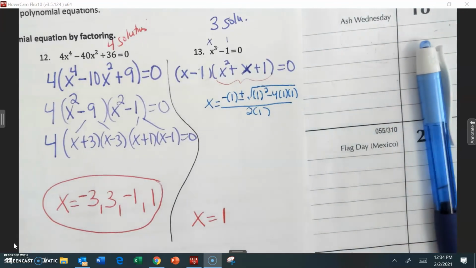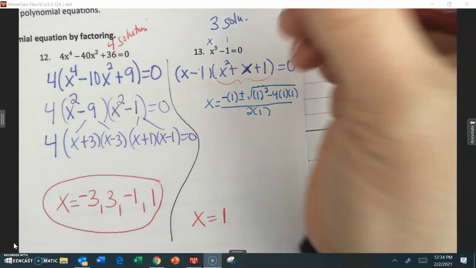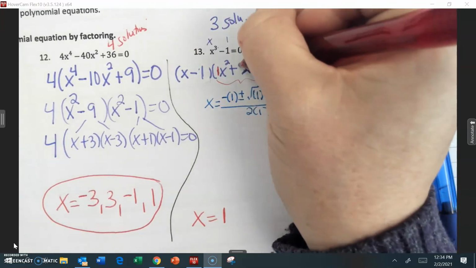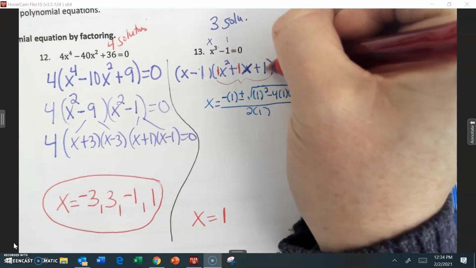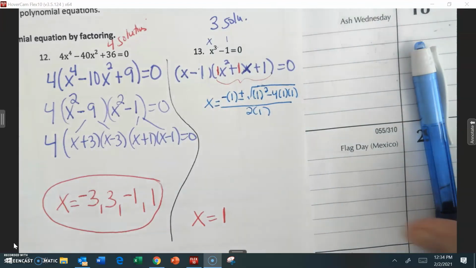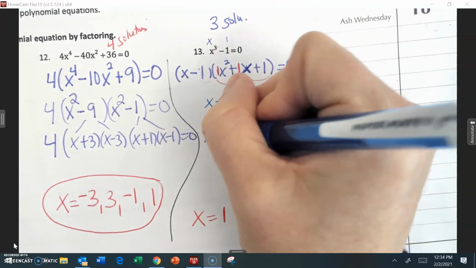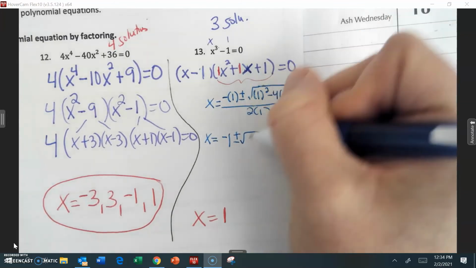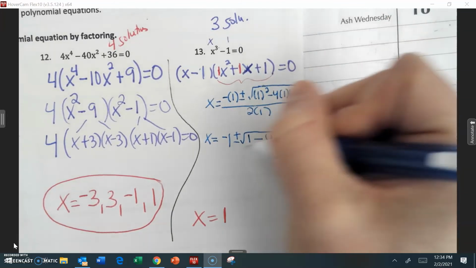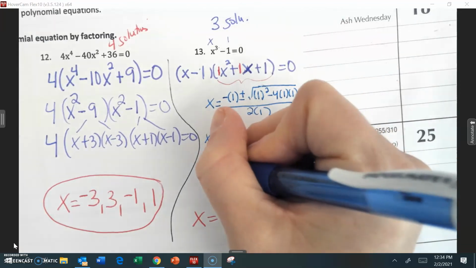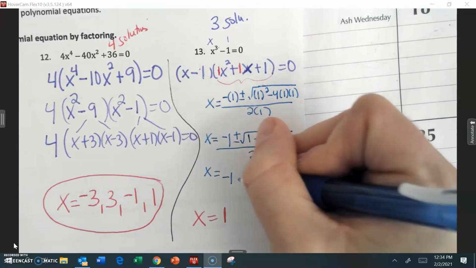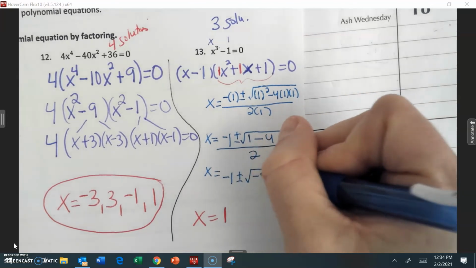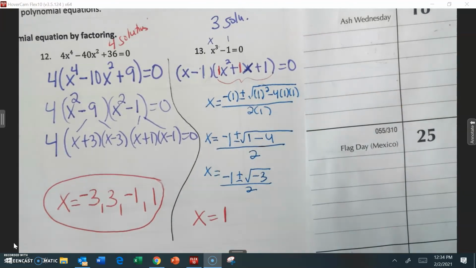Now lucky for us, in this trinomial, the a is 1, the b is 1, and the c, the constant, is 1. So now we work on this quadratic formula. So we have negative 1 plus or minus 1 squared minus 4 all over 2. And that gives us negative 1 plus or minus the square root of negative 3 all over 2.